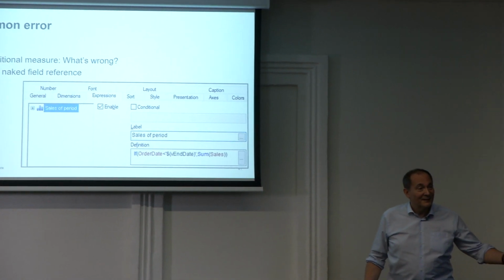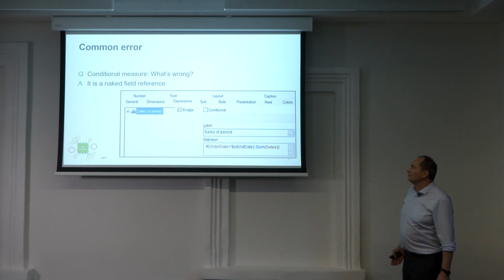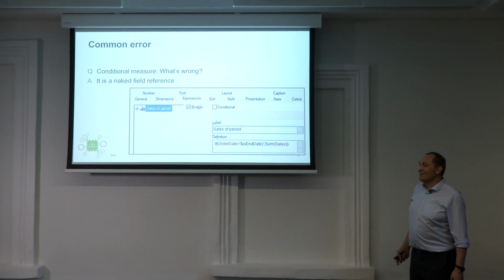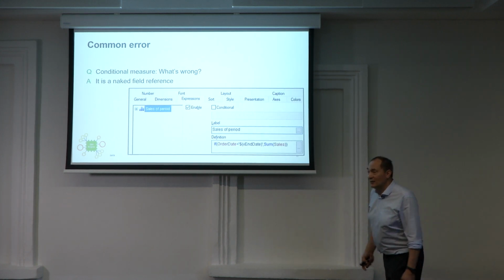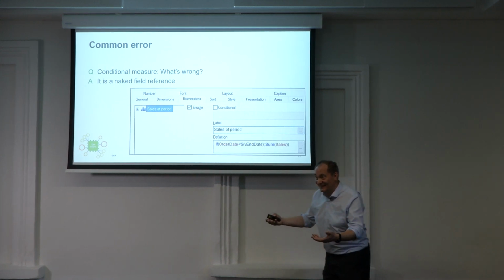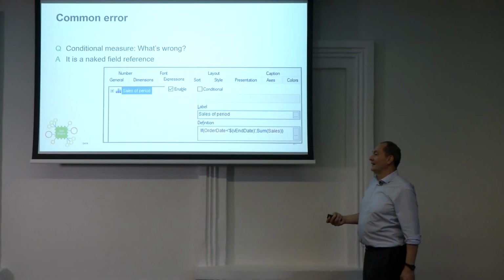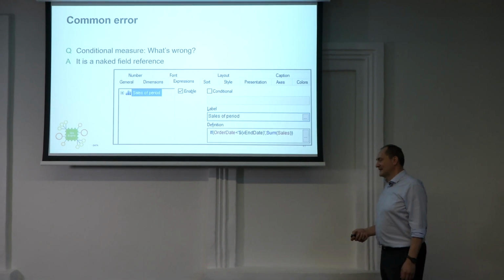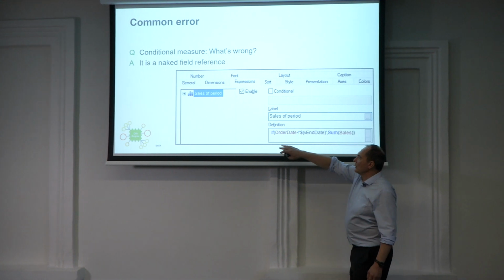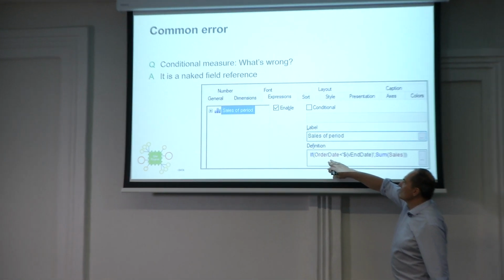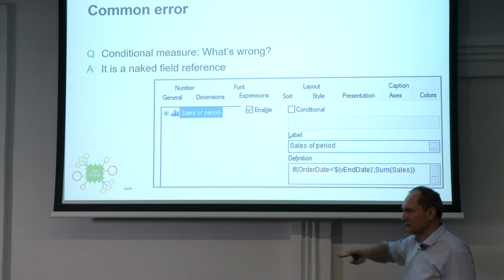It will calculate something, but maybe not what you want. Depending on dimension. If you put order date or something equal granularity-wise to order date, yes, it will calculate. So you must have a dimension so that you only have one order date per row in the chart.